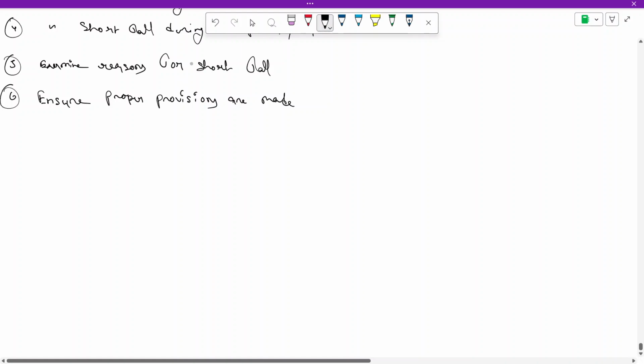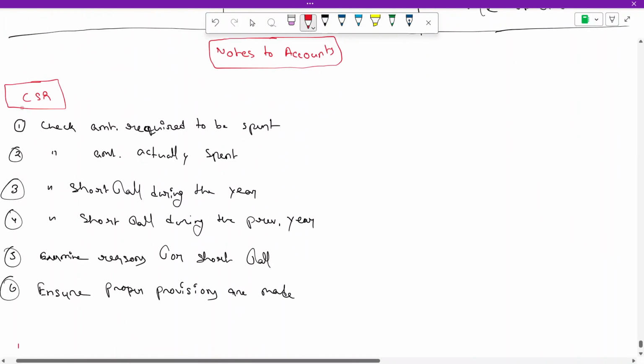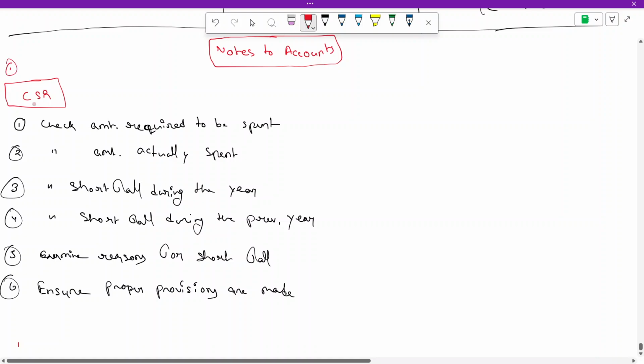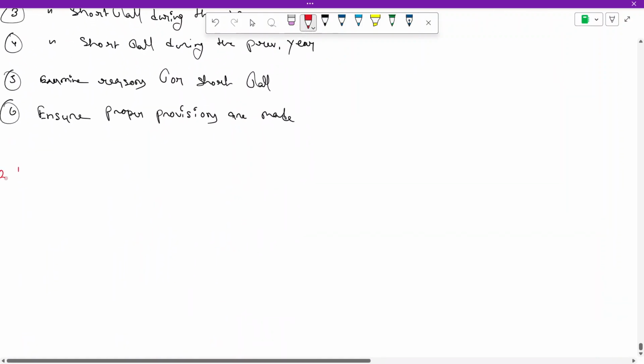Now comes the ratio part. Okay, give numbering. Here are some key ratios.